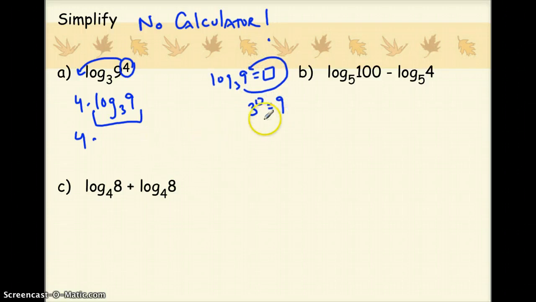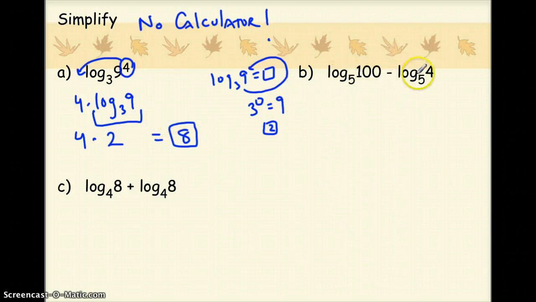It's a 2. So log base 3 of 9 is 2. Multiply that by the 4 out in front, and then we get 8. But that problem would be a lot harder to do if you didn't know your properties. So these properties you do need to know.